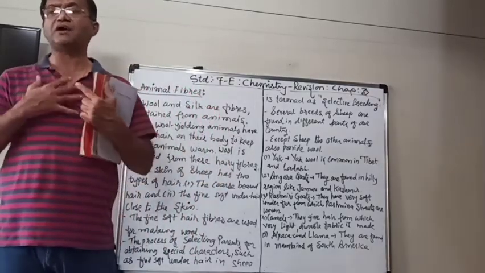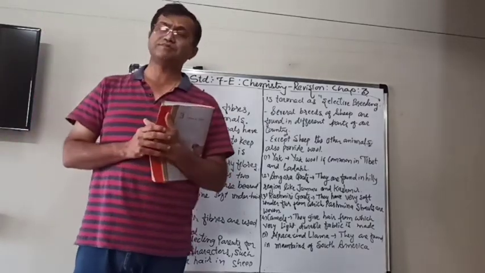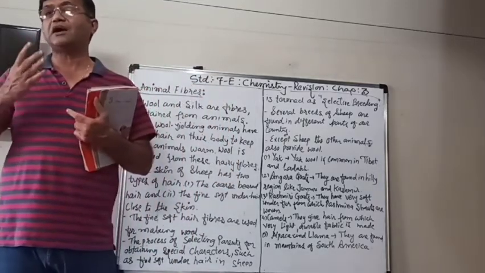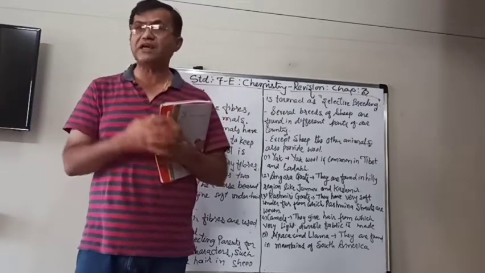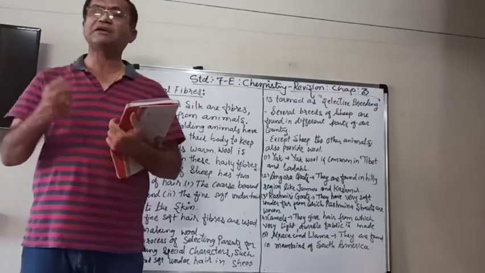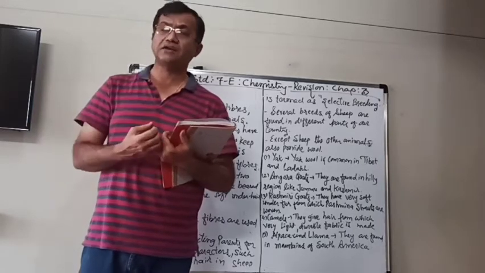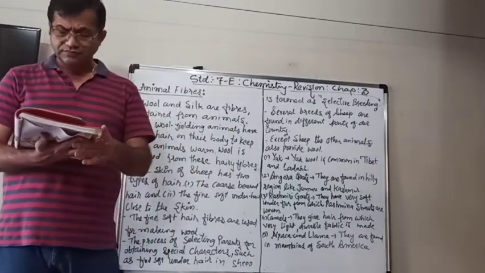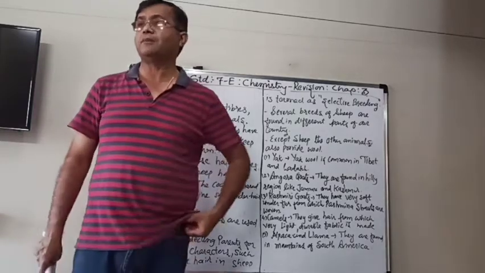It means that it keeps the body warm. It does not allow the heat to escape, because some of these animals are in the very cold region. So to protect them from the cold and to keep the body heat inside, they have this type of thick hair coating all over the body, and therefore it is given to them naturally.